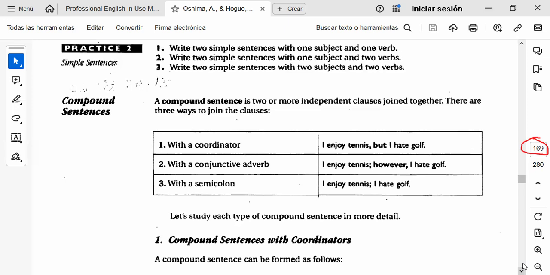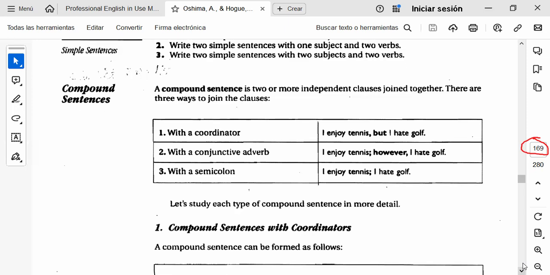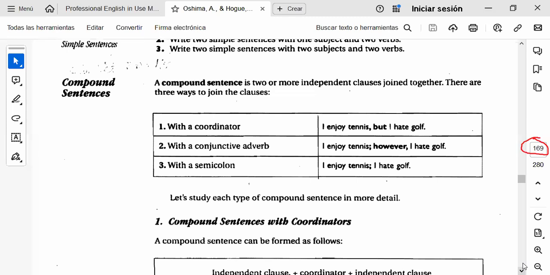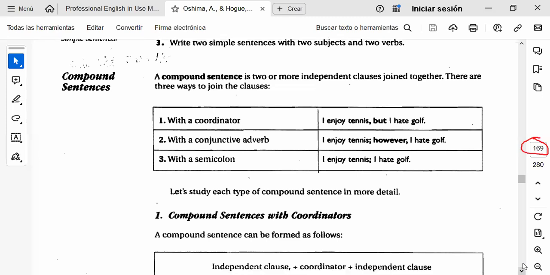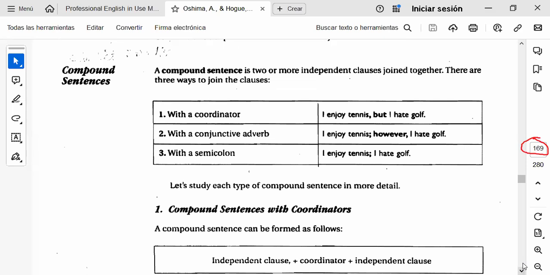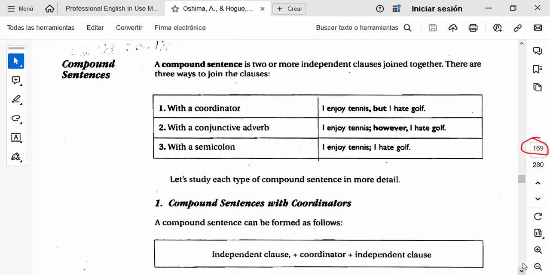Compound sentences: 2 or more independent clauses joined together. There are 3 ways to join the clauses: with a coordinator, with a conjunctive adverb, and with a semicolon. So you have there a compound sentence.